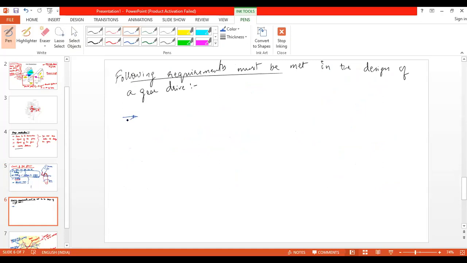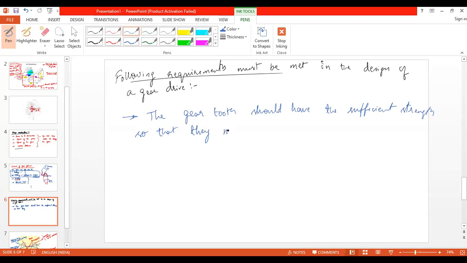That is, the gear tooth should have sufficient strength so that they will not fail under static and dynamic loading.